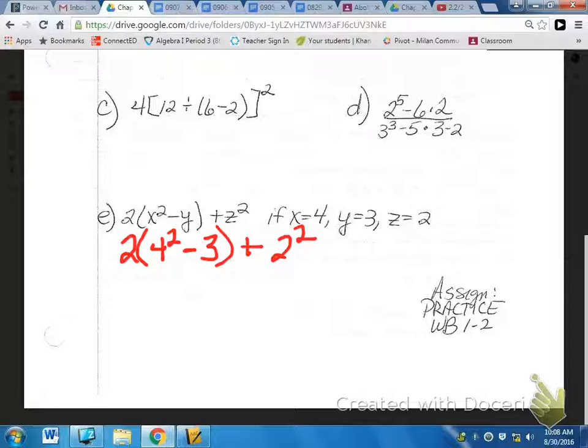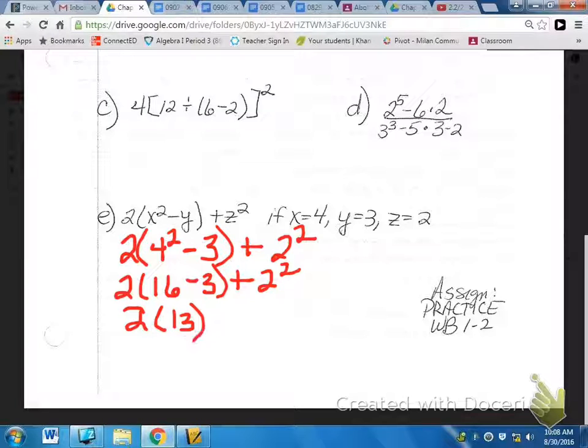Okay, so what's going to happen here? Inside parentheses first. I have to do the exponent in those parentheses first. Okay, so 2 times 13.